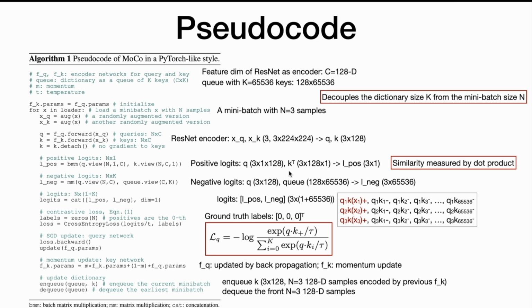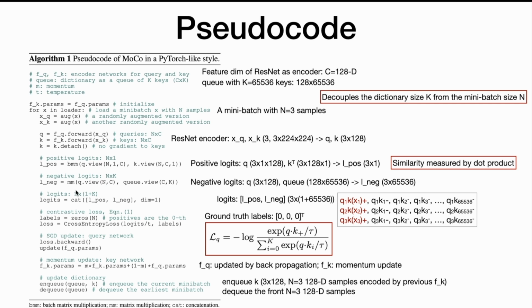Then we take a transpose of the key, then do a matrix multiplication. We get the positive logits, which are 3 numbers indicating the similarity measured by the product between the query and the positive key.